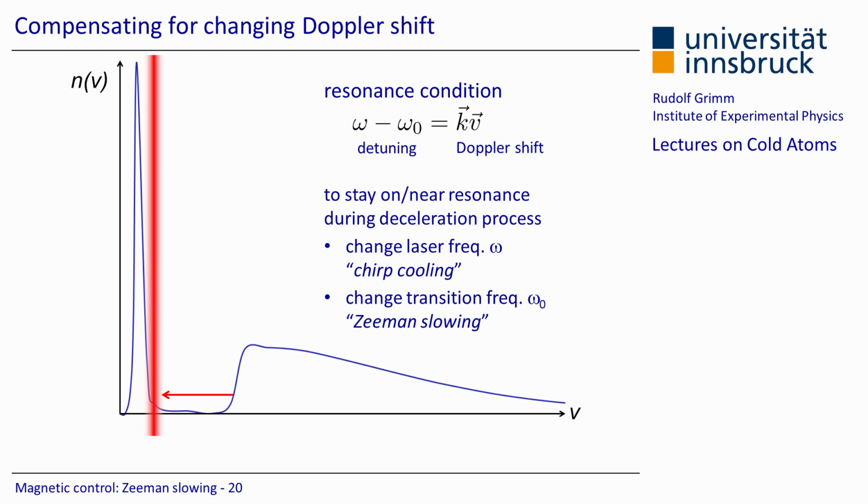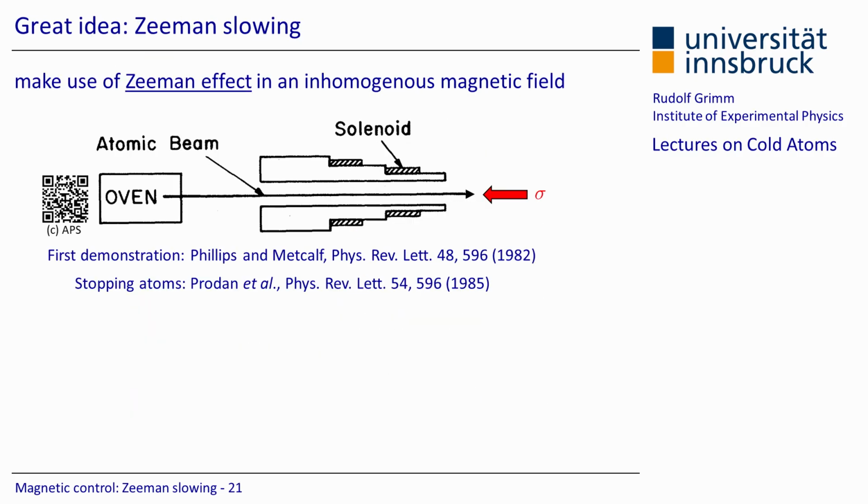One is changing the laser frequency via the detuning, the so-called chirp method. The other method, which is more efficient, is Zeeman slowing, where we change the resonance frequency via the Zeeman effect. This goes back to the great idea of making use of the Zeeman effect in an inhomogeneous magnetic field, as schematically shown here.